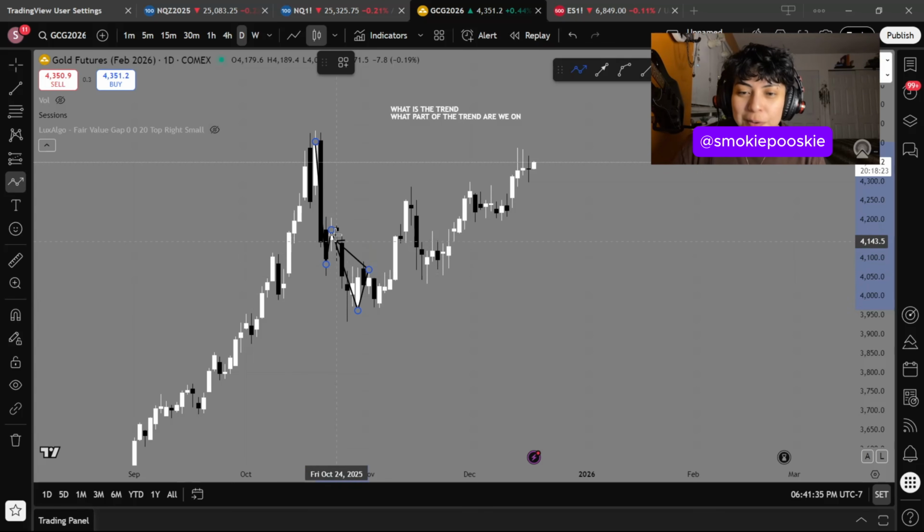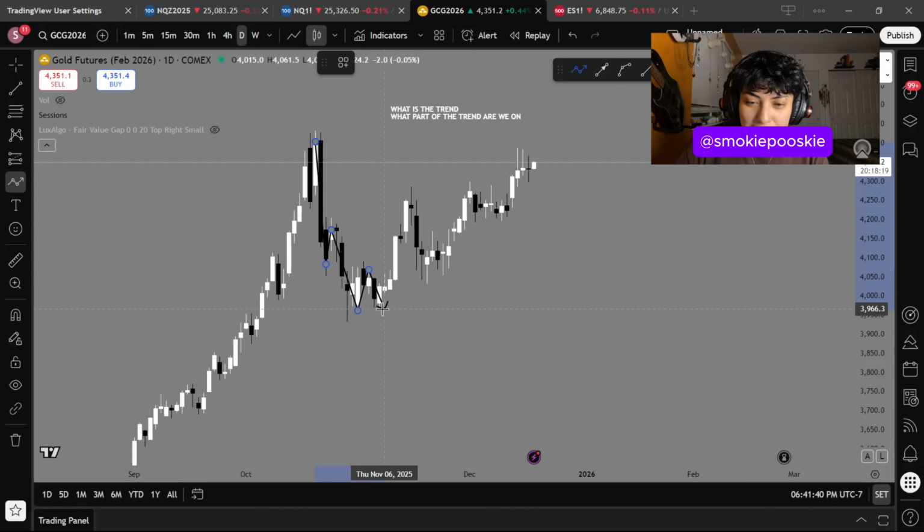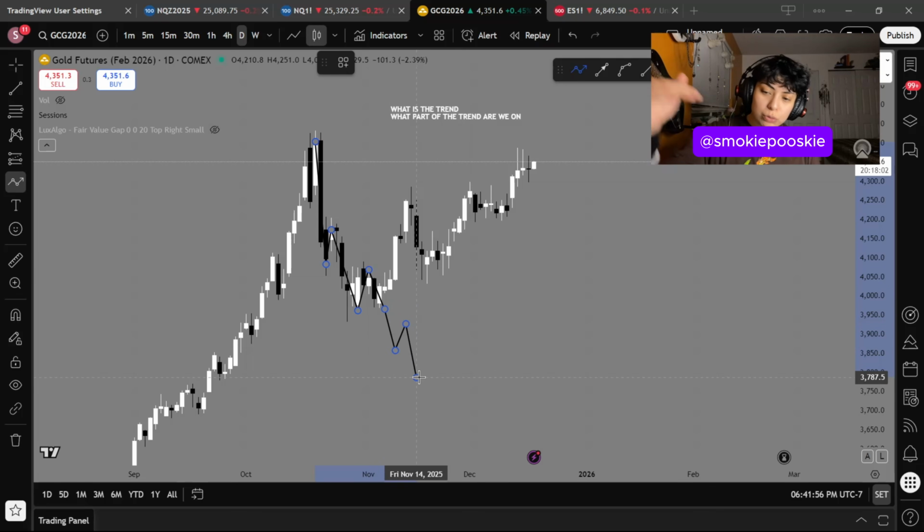And then we failed to create a lower low, right? So we were building bearish structure until here. We wanted to see some more lower lows and lower highs being created if it was a true downtrend, but price failed to do that, right?